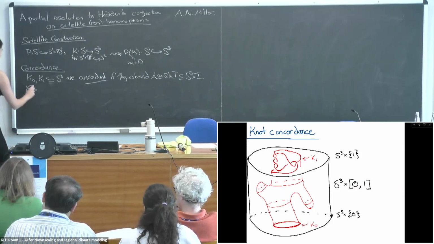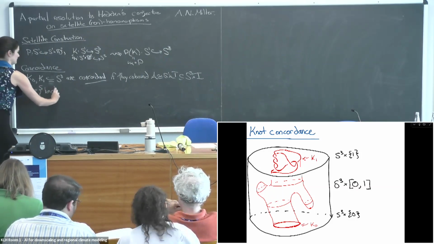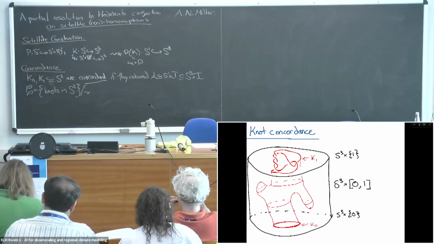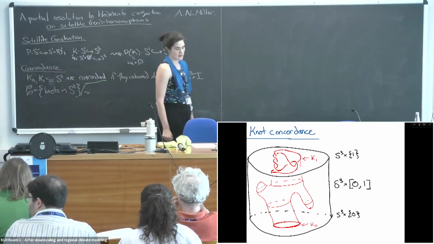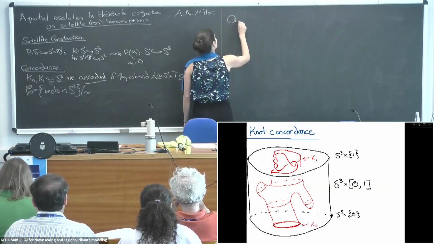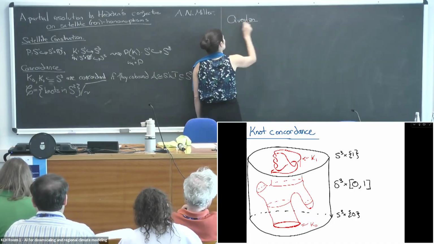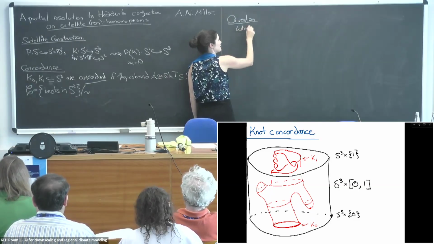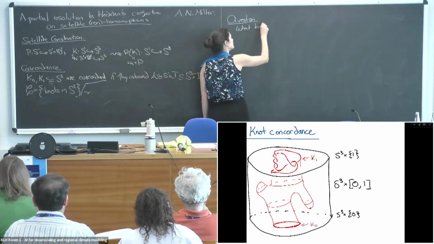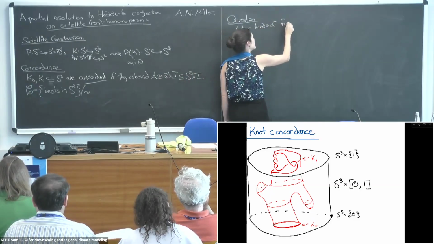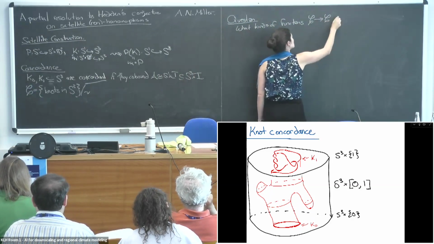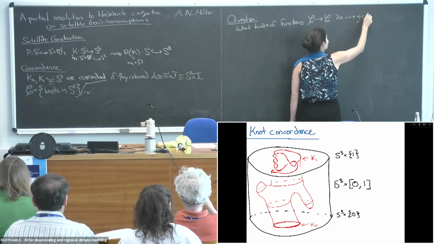The collection of knots in S3, modulo smooth concordance, I'm always going to call C for concordance. And the big picture question of a lot of what I find interesting is what kinds of functions do we get from satellites?